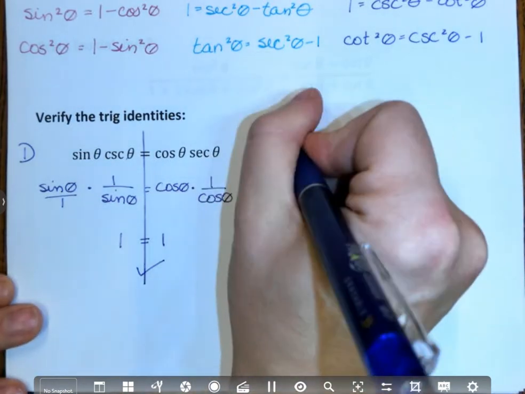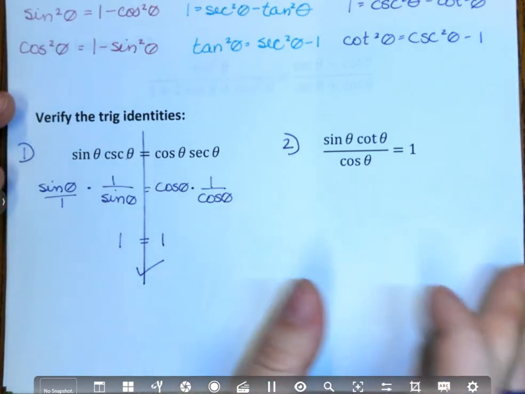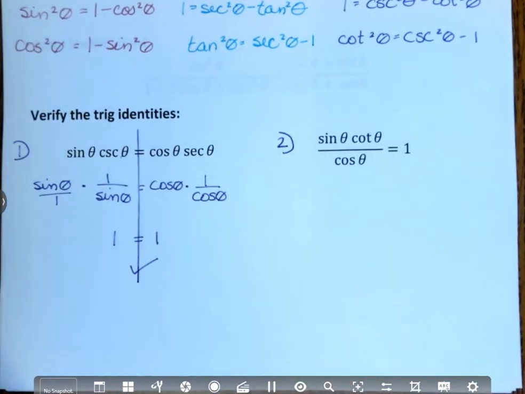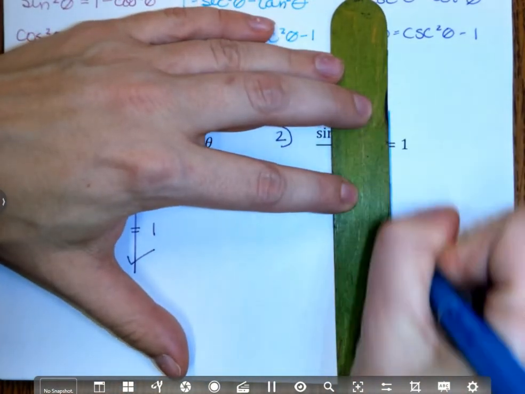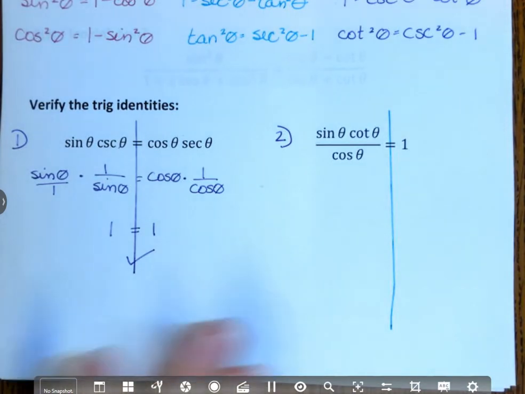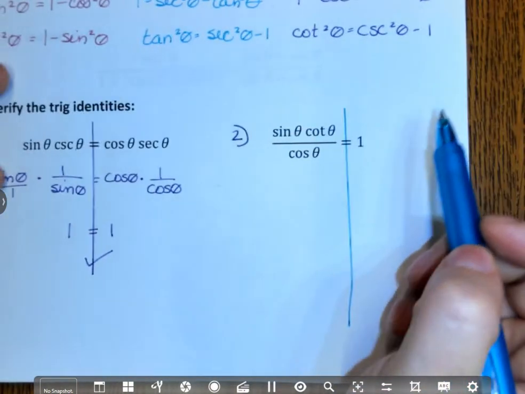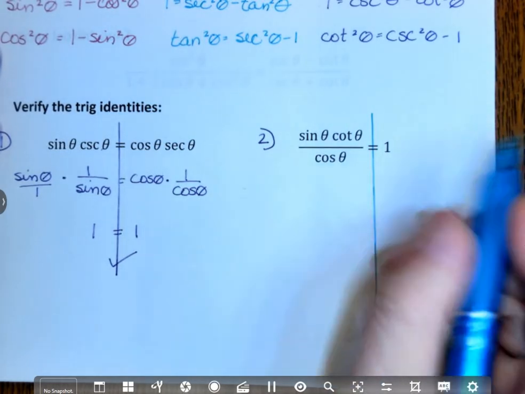So go ahead and write down this second one. Okay. So again, just like before, this is a line you cannot cross. We're not going to be doing something to both sides of the equation because I can't change it. As before, I said a good first step is to get everything in terms of sines and cosines.